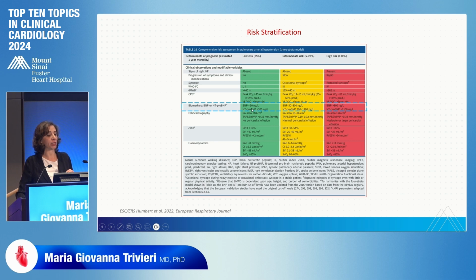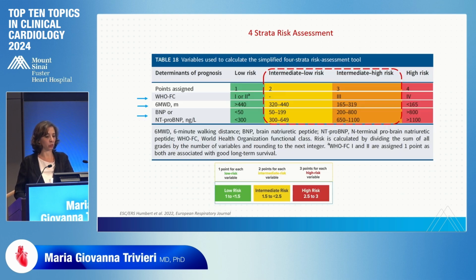To be in a low-risk category, for the BNP level alone, the value has to be less than 50, which is typically much lower than the normal value, which is around 100, at least for our standard measurement. So BNP is probably the thing, in addition to the functional status of the patient, that I use the most in my clinic, and it really helps with risk stratification and the decision to treat.